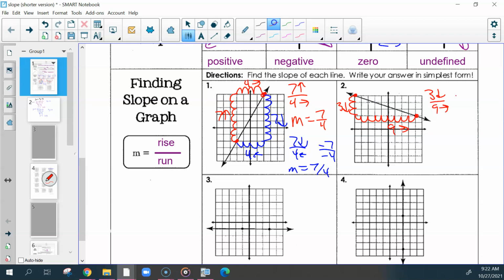So the down would give me a -3. And then I could simplify this to be what? -1/3. So you could keep the negative in your numerator or put it out to the front. I would not keep it in your denominator just because you won't see it like that.